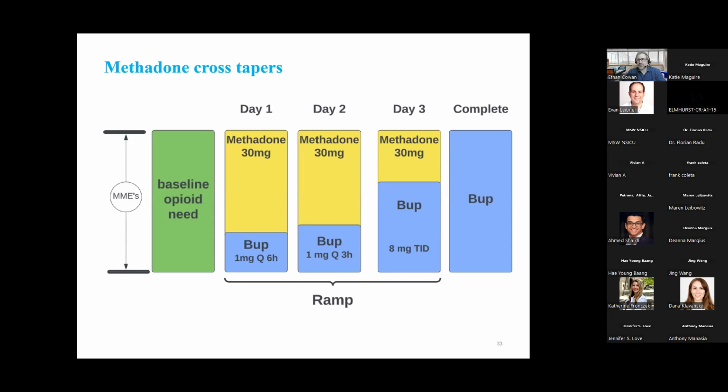So a patient gets the same dose of methadone each day with escalating doses of small amounts of buprenorphine. And these slides will all be available so you can see what it looks like. But these are very successful transitions. Now, the patients may still have some withdrawal symptoms, but they're not typically going to go into full-blown precipitated withdrawal.